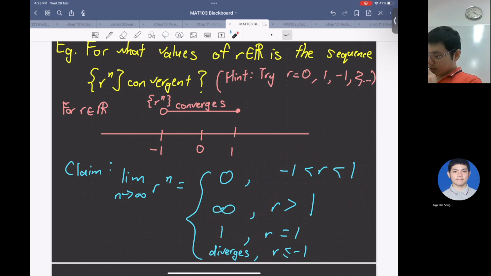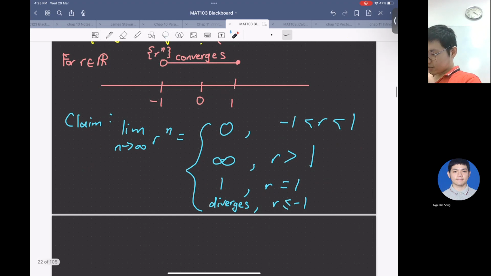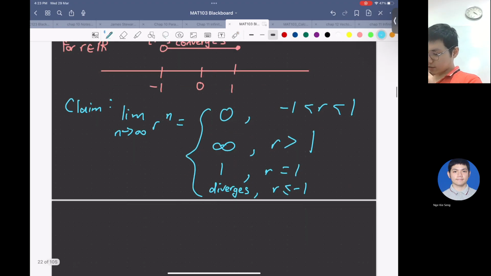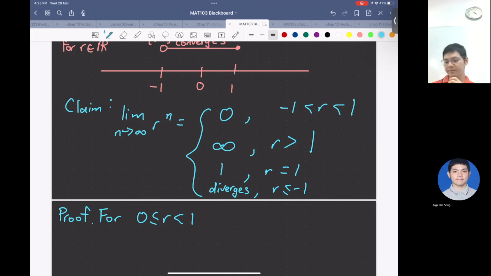Maybe we check some proof. So can we prove for 0 up to 1 first?